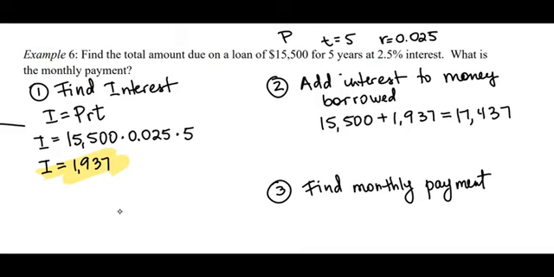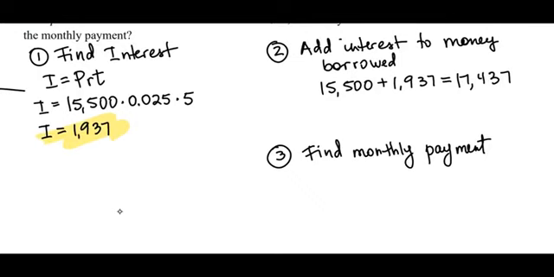And then to find the monthly payment, this is going to be a little bit tricky because we need to calculate how many months are in 5 years. And then we will take our $17,437 and divide by that many months. So 5 years equals 60 months, because there are 12 months in a year, so you do 5 times 12, 60 months.